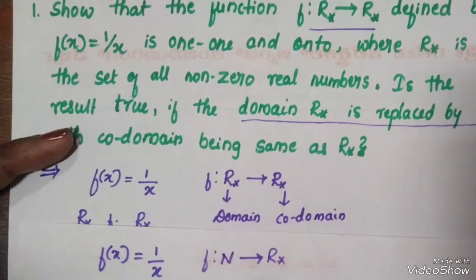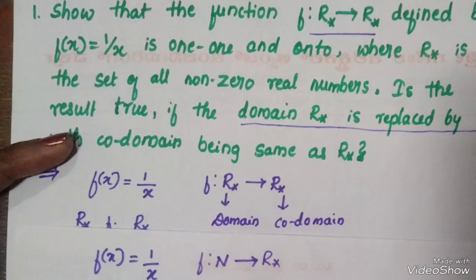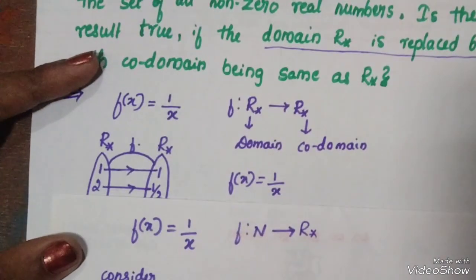Now consider x being a natural number, codomain R star.